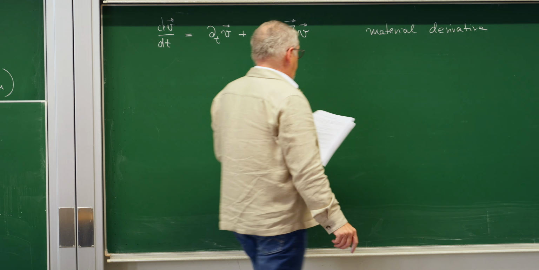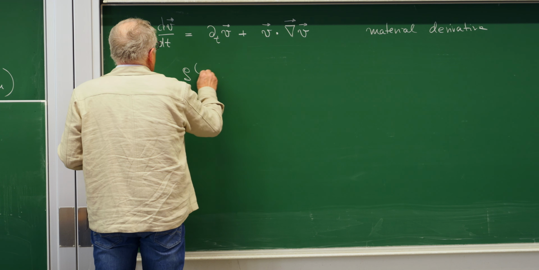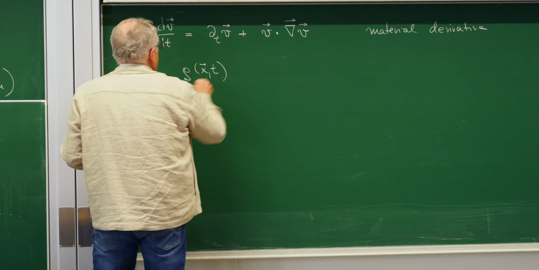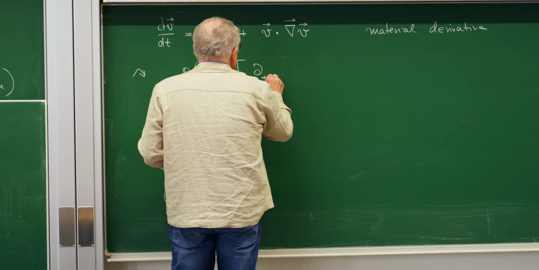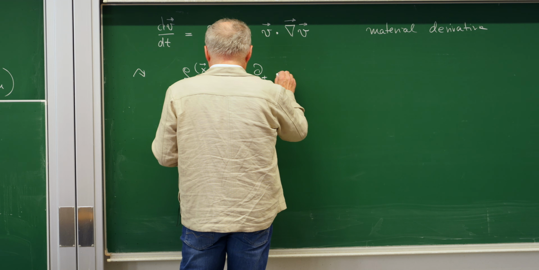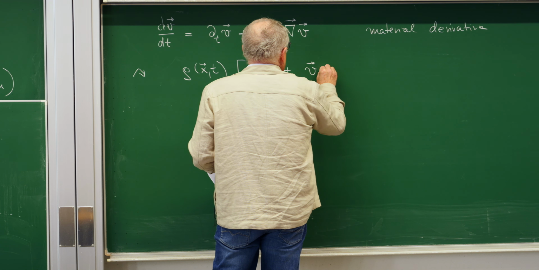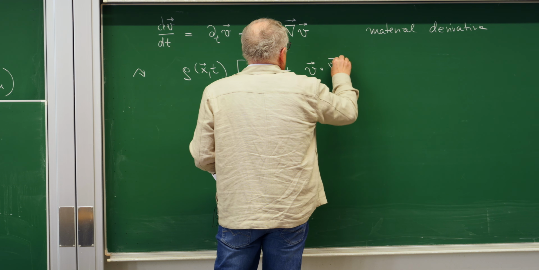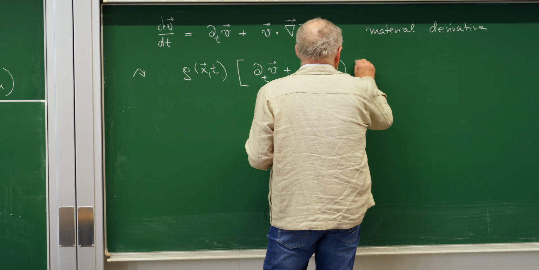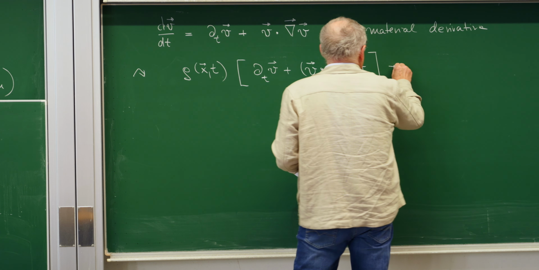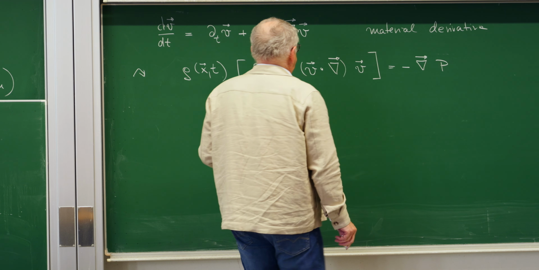And then we really do have the Euler equations, which are now formulated in the lab frame. So the density as a function of space and time times the derivative of the velocity plus the velocity scalar with the gradient v is minus the gradient of the pressure.